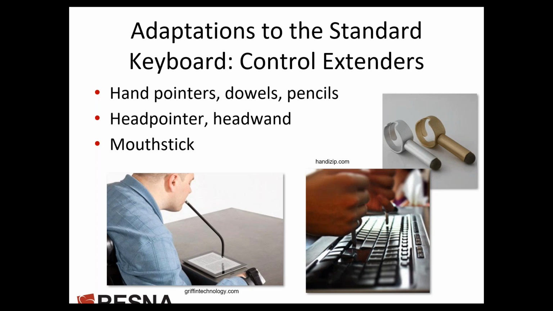Mini keyboards are just smaller, more compact, so you don't have as much movement in order to type. And on the right is a hand pointer, and it's just made of a plastic cuff and dowel, so it just slips right onto the fingers. There's also typing aids, where it's a cuff that slips onto the hand. So a lot of different ways that you can use different control extenders.